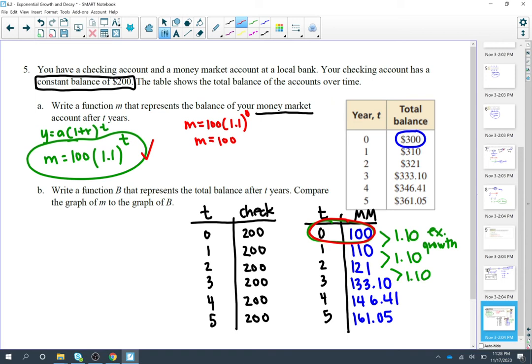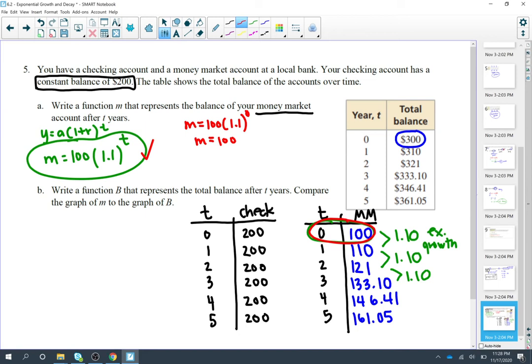Now, part B, write a function B that represents the total balance after t years. Compare the graph of M to the graph of B. Let's start with writing a function B that represents the total balance. If you remember, how did we get the total balance? We got it from taking the money market plus 200, each time.